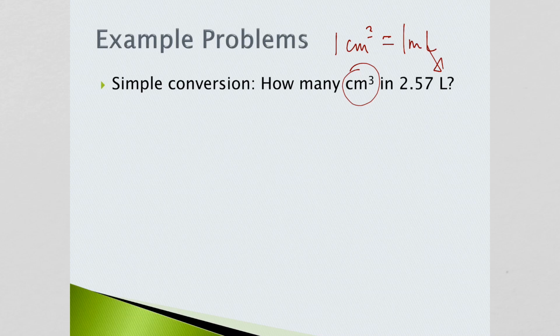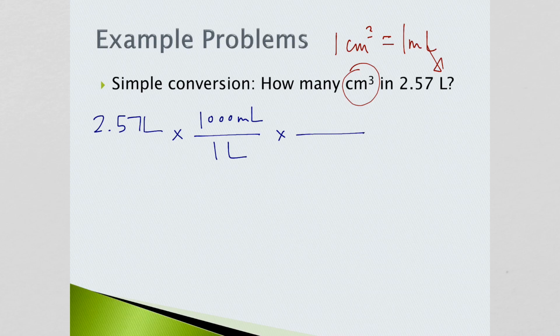So knowing that, along with our conversions from the metric table, 2.57 liters, step 1 is I will want to change it from liters to milliliters. 1 liter, because it's the base, is 1,000 milliliters. Step 2, 1 milliliter equals 1 centimeter cubed from above. Do you need to show this conversion factor since it's 1 to 1?